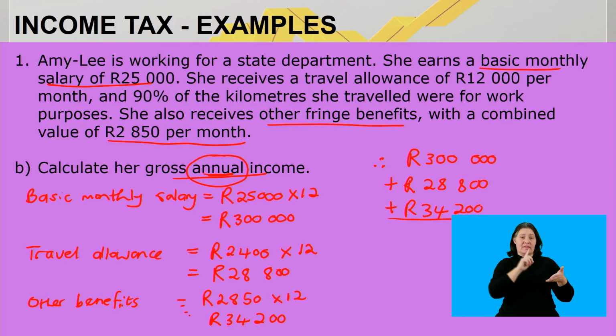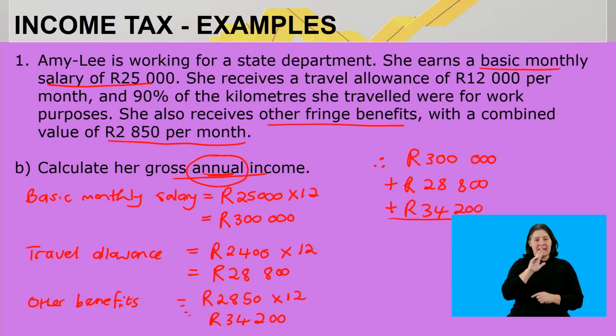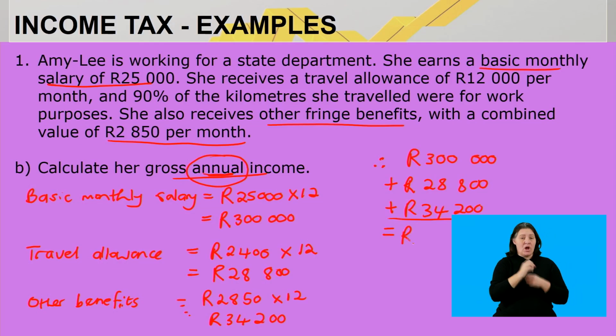So 300,000 plus your 28,800 plus 34,200 Rand. That will give us a gross annual income of 363,000 Rand. Guys, I hope that's clear to you. I took the basic monthly income plus the travel allowance plus other benefits. All the monthly values I took to annual values based on my instruction in the question. Okay, let us now move on to our next question.